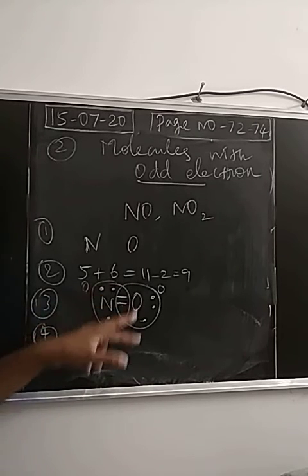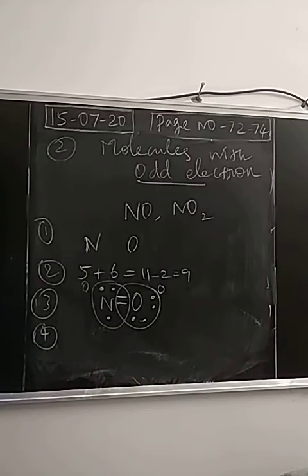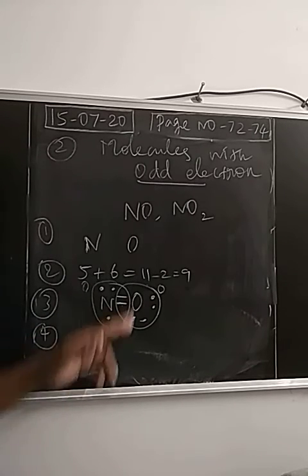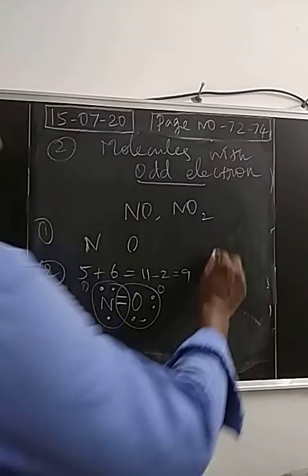After shifting the lone pair as a double bond, nitrogen is still not stabilized, but oxygen is stabilized, having 8 electrons, which obeys the octet rule. But due to the presence of the odd electron, nitrogen is not obeying the octet rule. But the formal charge value is 0. So 0 formal charge represents what? This will be the preferred structure, right? Even though it is not obeying the octet rule, this will be the preferred structure according to formal charge. The same method can be adopted for nitrogen dioxide also.